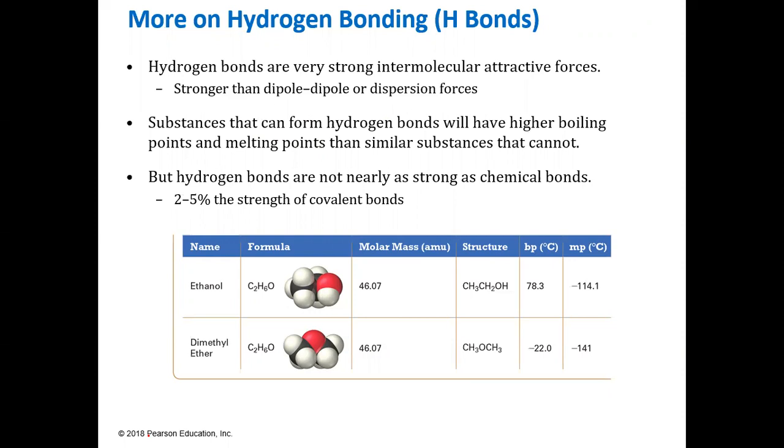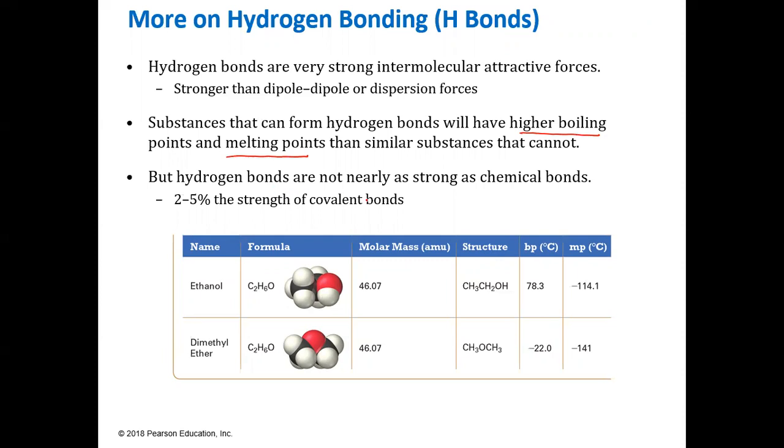So hydrogen bonds are the strongest intermolecular force that we'll talk about, stronger than dipole-dipole or dispersion forces. Substances that hydrogen bond are going to have a higher boiling point and a higher melting point than substances that cannot hydrogen bond.